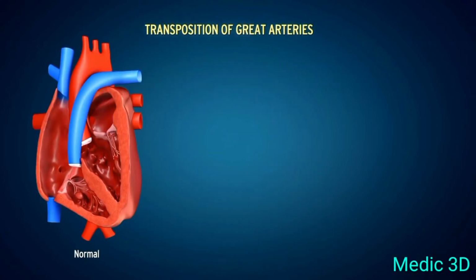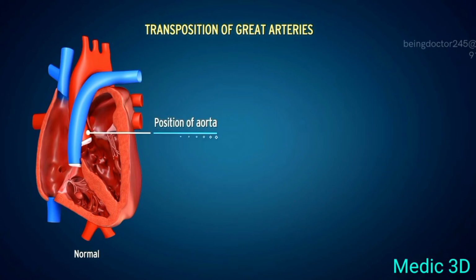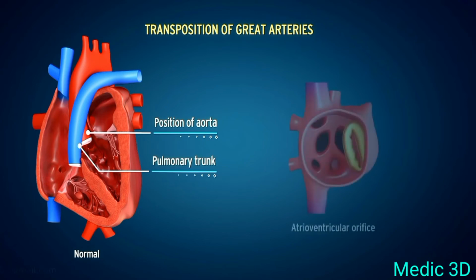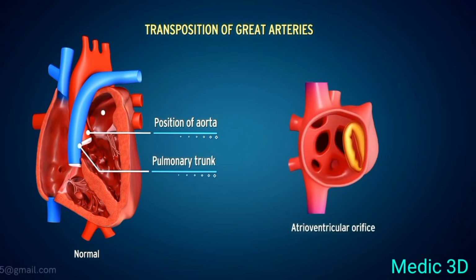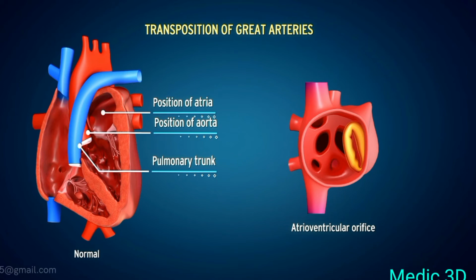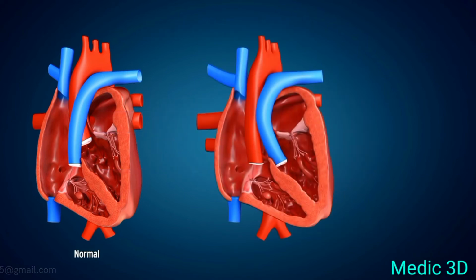Transposition of great arteries: it refers to complex malformations with respect to the position of the aorta, pulmonary trunk, atrioventricular orifices, and position of atria in relation to ventricles. There are two forms of common transpositions: regular transposition.